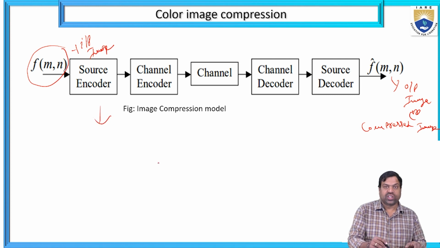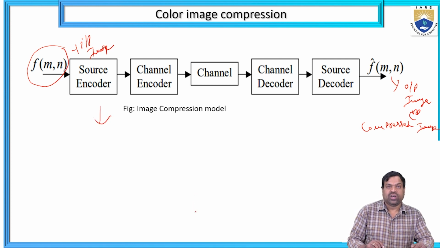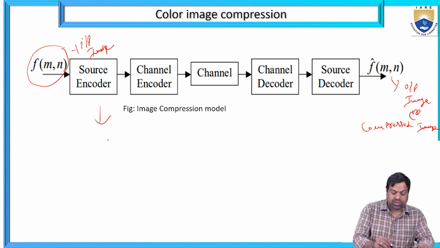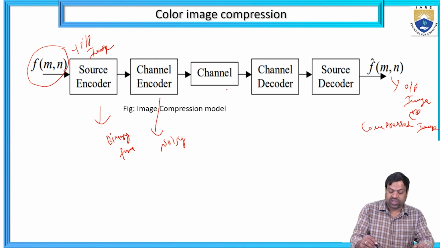The source encoder converts f of m comma n, whatever analog image it may be, into binary form. The channel encoder deals with noise, which may be present, and the channel decoder removes the noise.